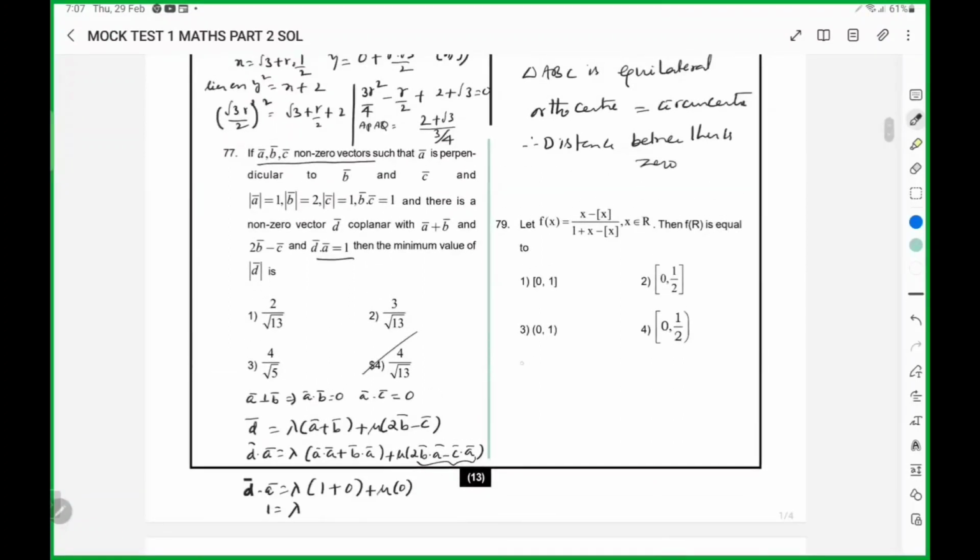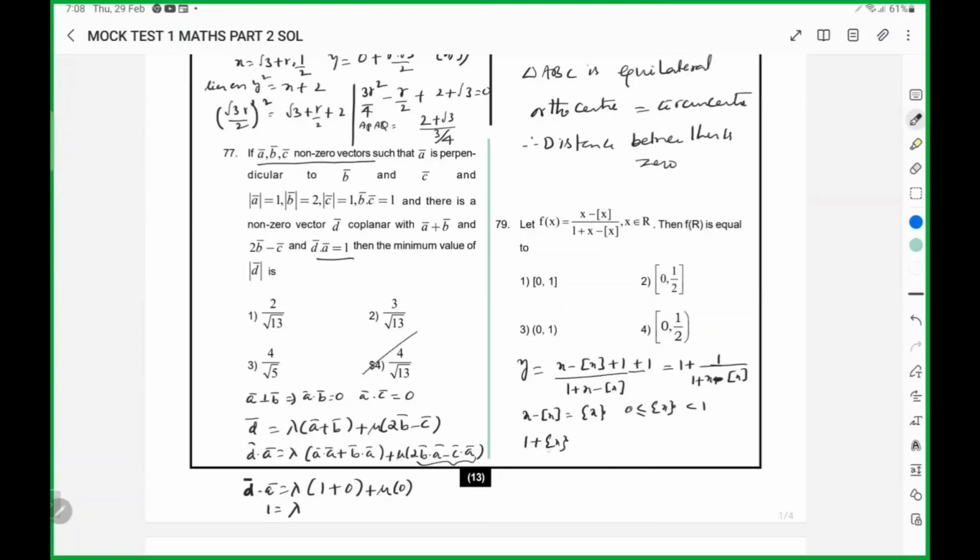Here, y is equal to, I'm just writing 1, adding and subtracting. I get 1 plus x minus floor of x. X minus floor of x is the fractional part of x, which lies between 0 and 1.